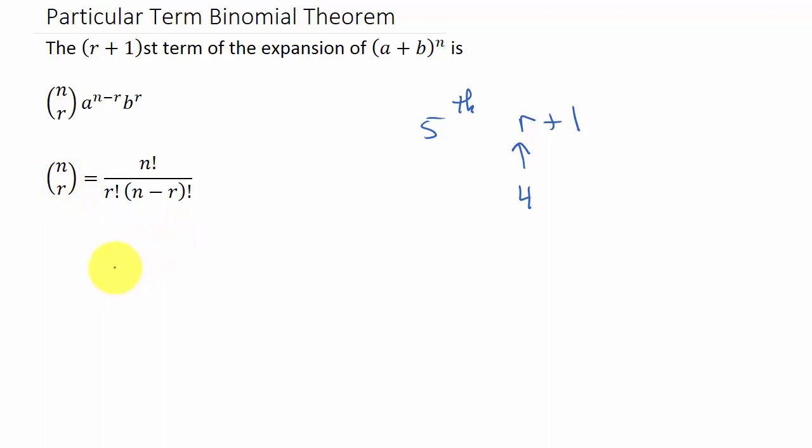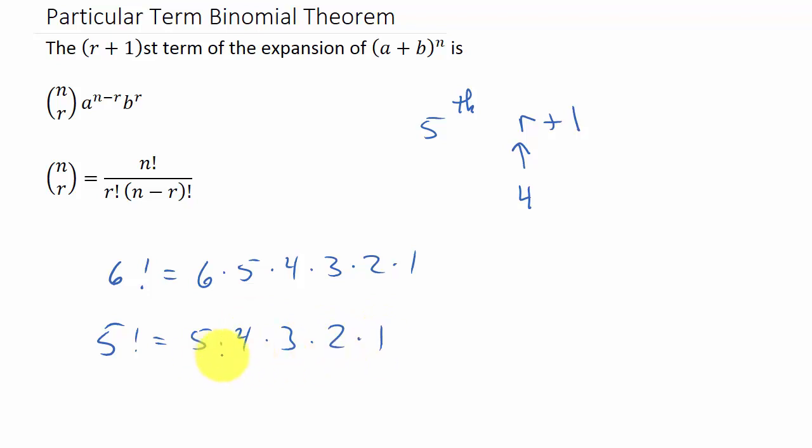If you have 6 factorial, that's 6 times 5 times 4 times 3 times 2 times 1. 5 factorial would be 5 times 4 times 3 times 2 times 1, which is 120. But that's what factorial is.